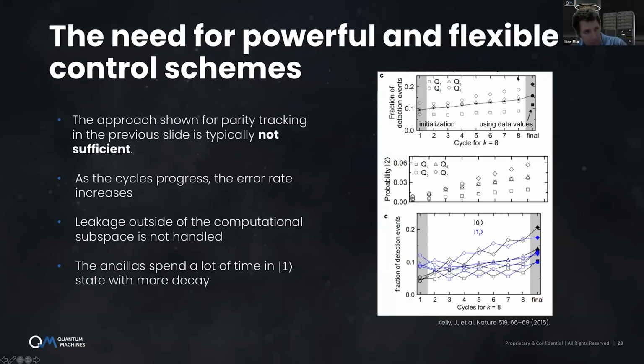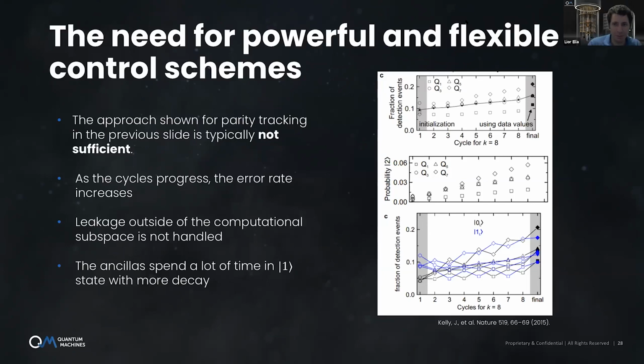Now, if you actually run this experiment, you will quickly run into big problems because of the way the quantum hardware actually operates. Previously I said that we're talking about transmons, and transmons have unique properties that come with them.